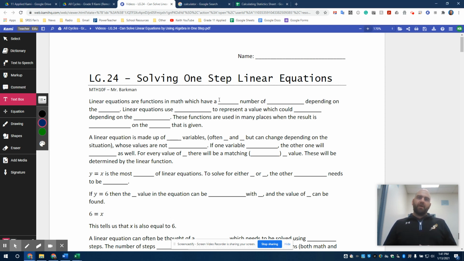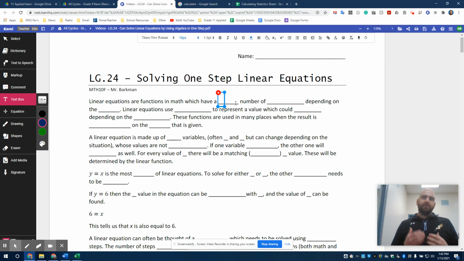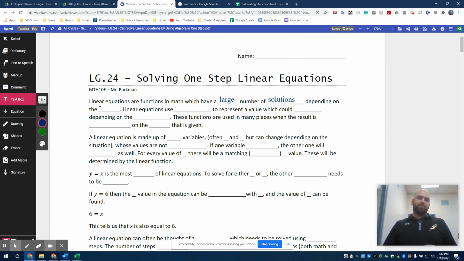But first, we're going to take a look at what linear equations are. And so we're going to do a little bit of background as to what they are. A linear equation is a function in math which has a large number of solutions, and this all depends on the input.